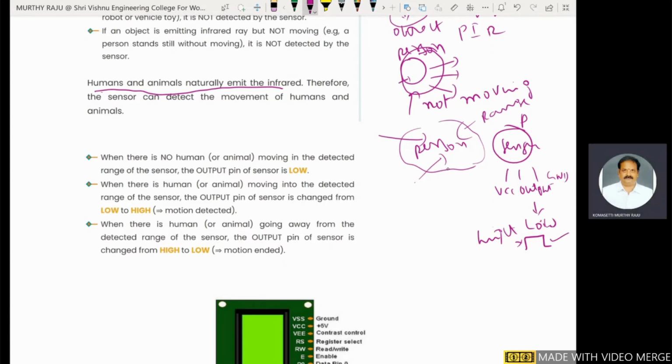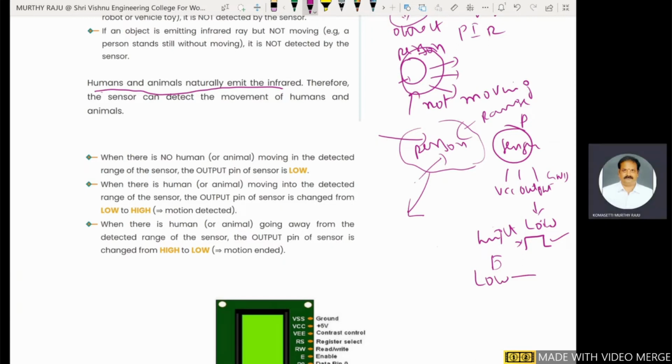When a human or animal goes away from the detected range of the sensor, the output pin of the sensor changes from high to low.